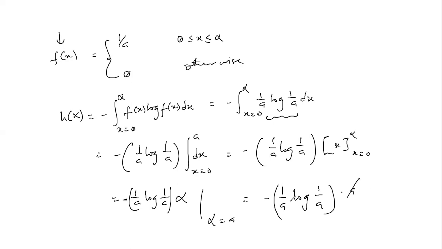So this will cancel, and this is going to give us negative log 1 over a. And this is the same as log a. Okay, so it means here the entropy, or better still, the differential entropy, is the same as log a.